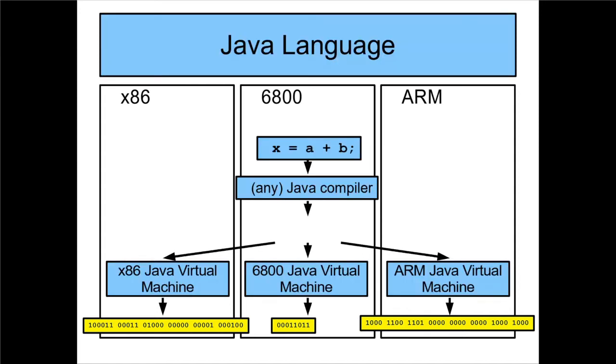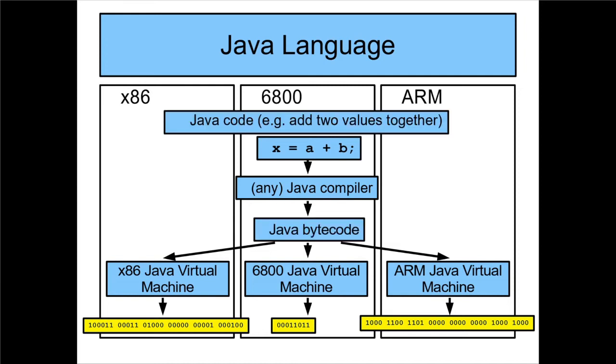So now let's compare the Java language. The Java language also produces machine code, but it does this via a Java virtual machine. The interesting thing about the Java language is that you compile your Java code into what's called Java bytecode. And that Java bytecode runs on a Java virtual machine, which is just a program that is specific to the hardware.